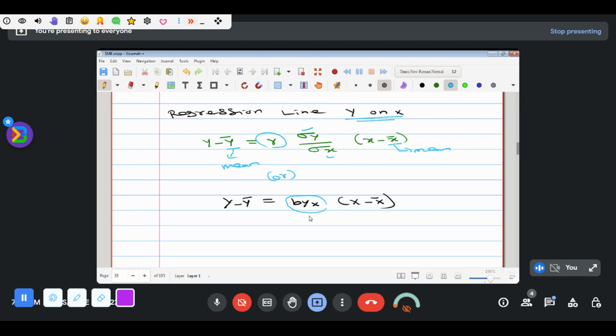So what is the value of byx? Byx equal to r into sigma y divided by sigma x.